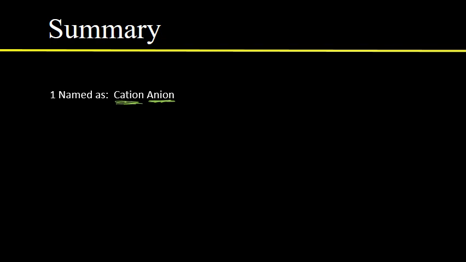And very importantly, if your cation is a transition metal, then you need to include that charge in the name. That's part of the name of that cation. Okay, that's an iron 2 cation, not just an iron cation.